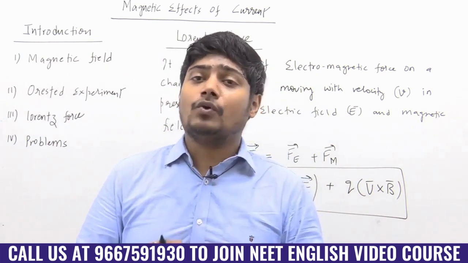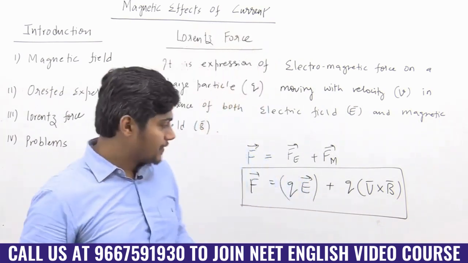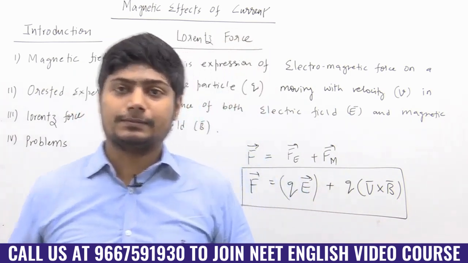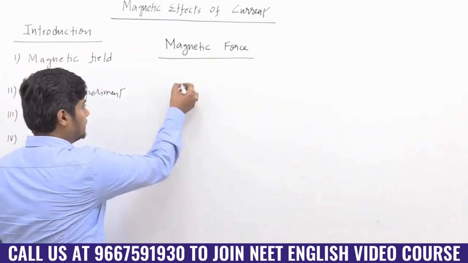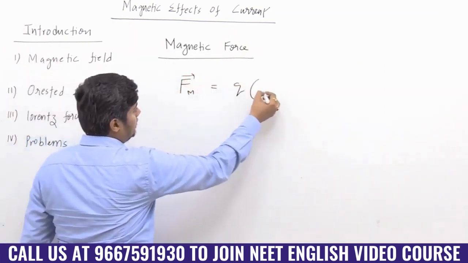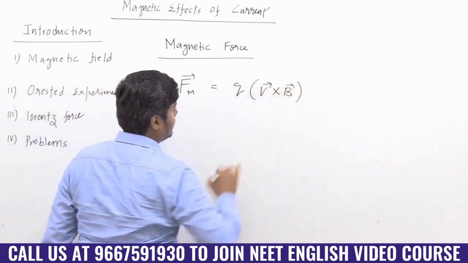Magnetic force will apply only if there is a moving charge in a given magnetic field. So this is the expression for magnetic force. Let's proceed further. So the expression for magnetic force is Fm is charge of the particle times velocity cross product with the magnetic field.